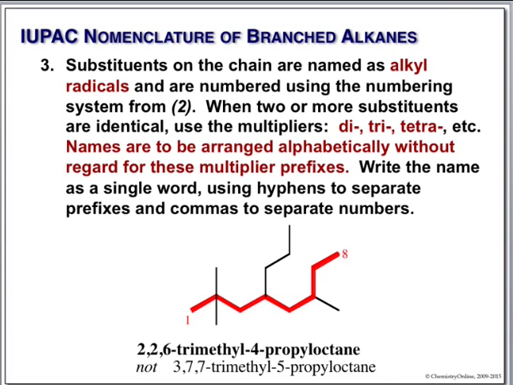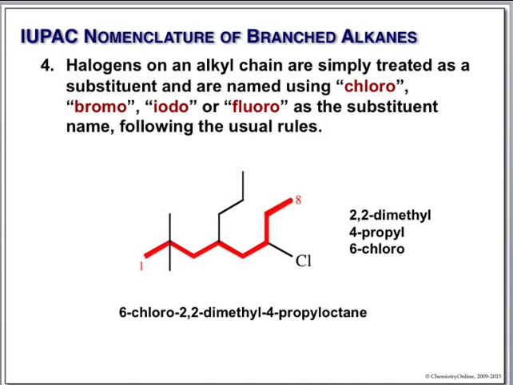Let's look at one more here. Here, instead of a hydrogen, I'm going to stick a chlorine on. Now this makes a functional group called an alkyl halide. We'll talk about those in a bit. But here's our basic 8-carbon chain.